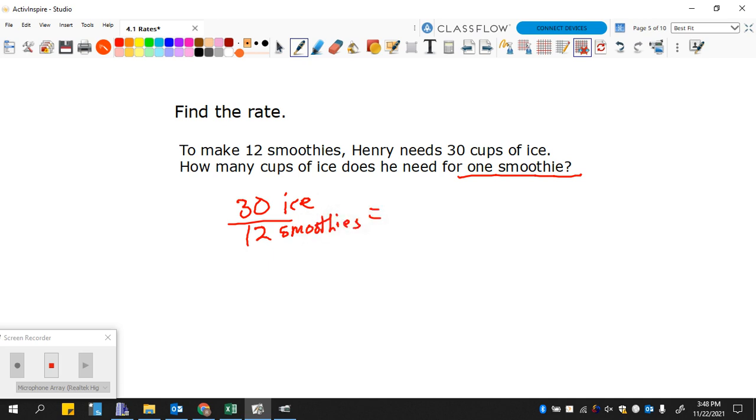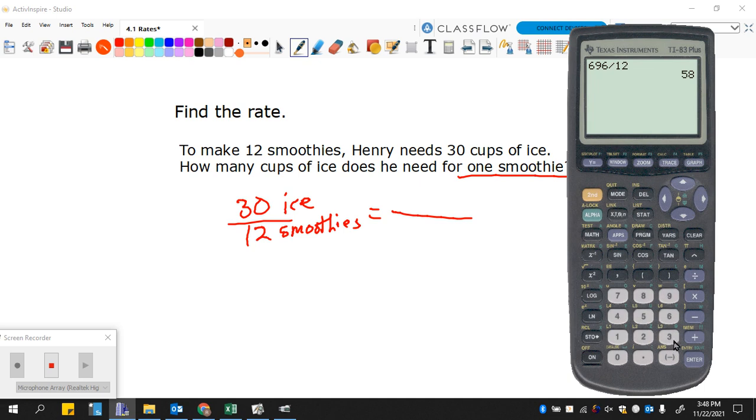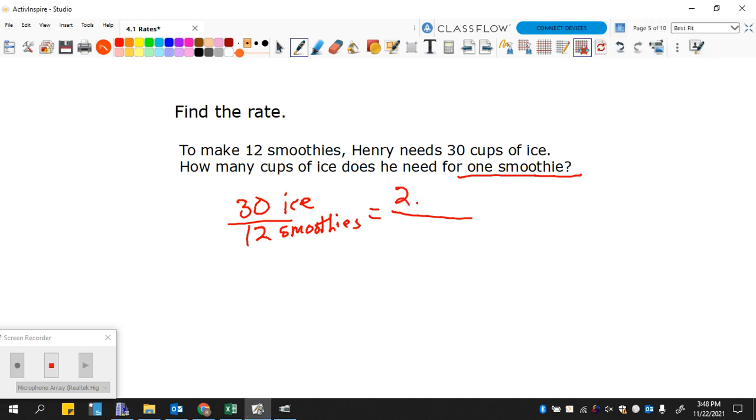We divide everything by 12, and 30 divided by 12 gives 2.5. So 2.5 cups of ice for every smoothie. We could also say 2.5 cups of ice per smoothie.